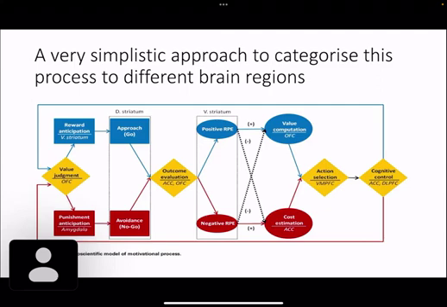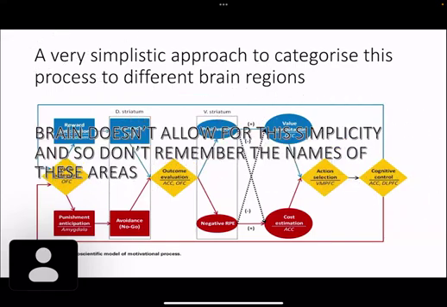And based on this, there will be cost estimation, there will be value computation, and ultimately the action selection would be again repeated, and this is all part of cognitive control. Why I am saying don't try to remember the areas is because it has become much more complex now. So the brain doesn't allow for this simplicity, and so do not remember these areas.